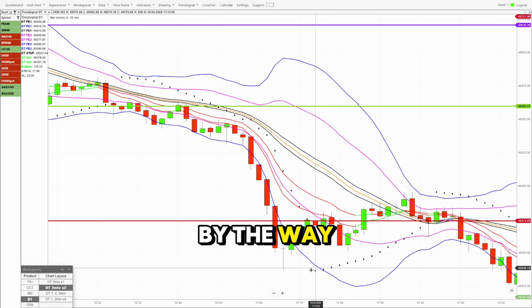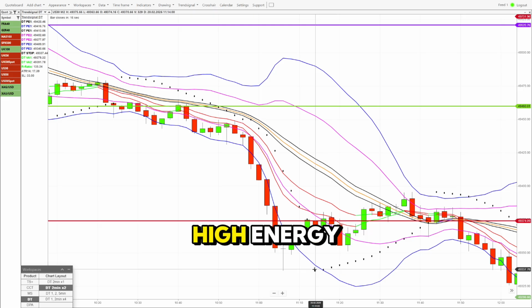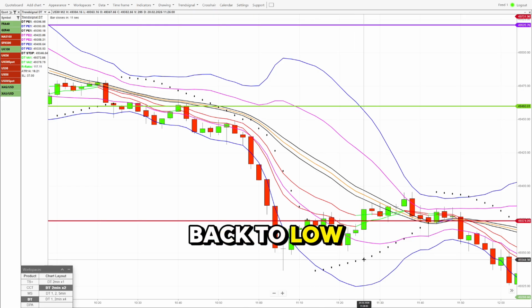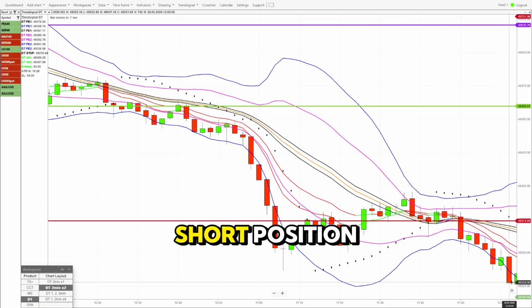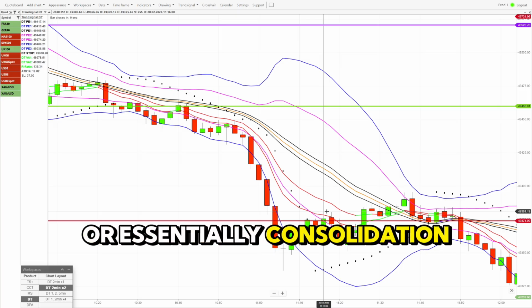In this case, by the way, we don't get a trade because we start outside, high energy, we need to be above the black. We move inside, back to low energy, we never get the trend in our favor until we get into the next short position. So those rules will protect you from buying into fake bounces or essentially consolidation periods.